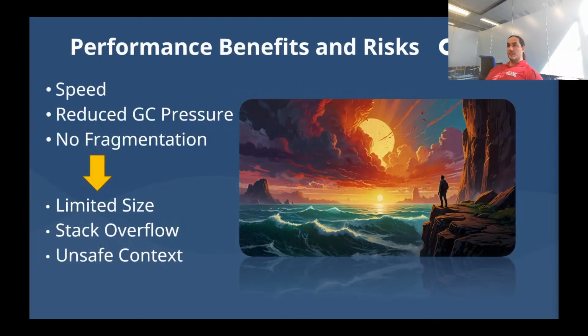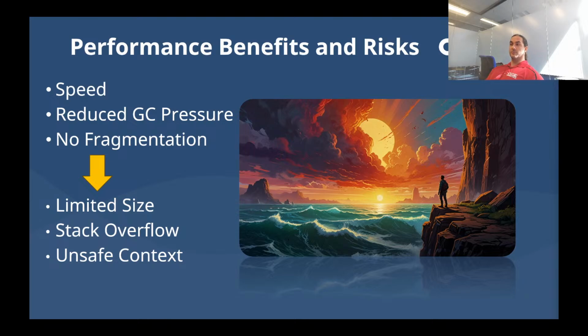Performance benefits and risks. Well, we have the performance benefit of having a lot faster performance. We have no fragmentation. The speed is a lot faster, a lot less garbage collection pressure. On the other hand, the downside or the risk is, well, we do have a limited size. The stack size is limited. It is typically around a megabyte per thread in .NET.